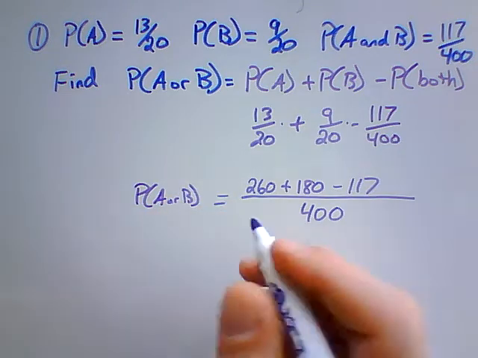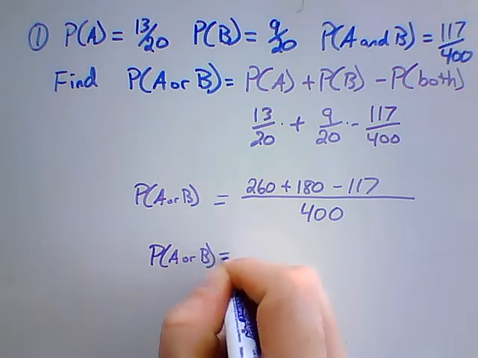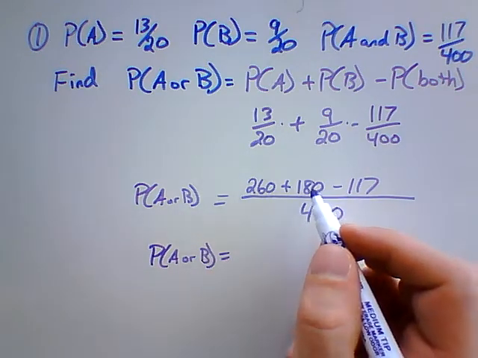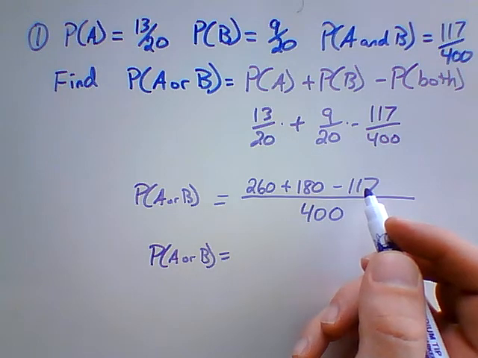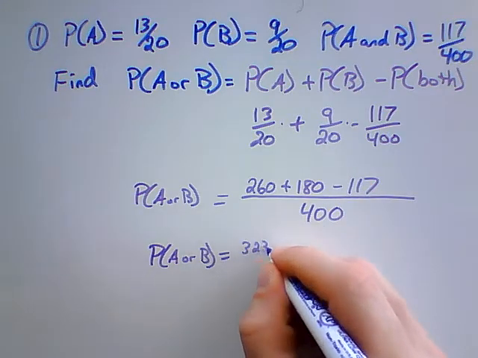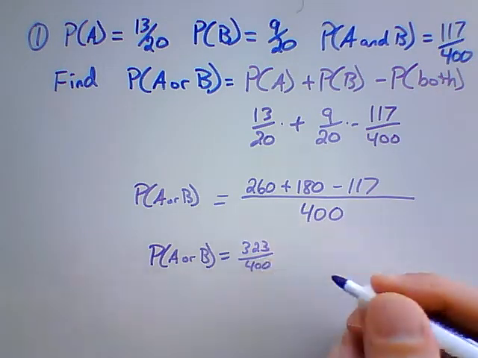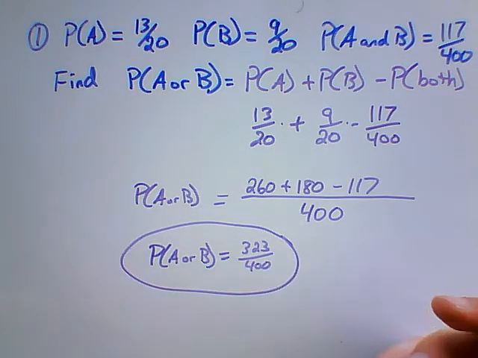So now the probability of A or B: 260 plus 180 is 440, minus 117 is 323 over 400. And thank goodness for us, that doesn't reduce. That's all I have left to do.